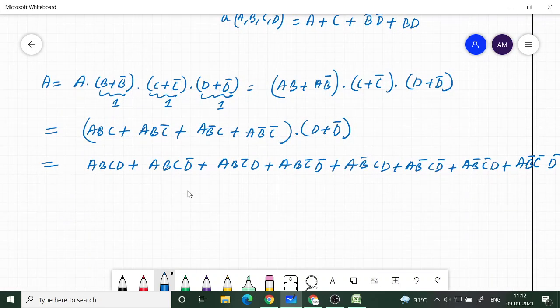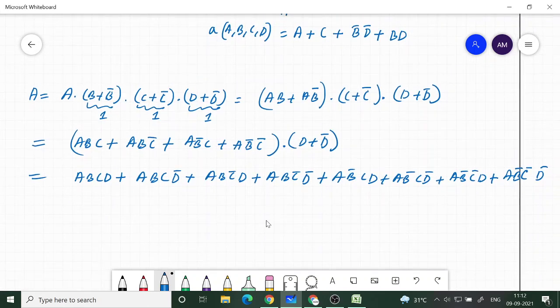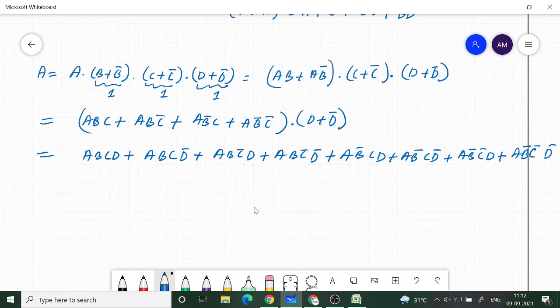Similarly, if you take BD, this is another term which we got. I can take BD and multiply it with A plus A bar and C plus C bar.